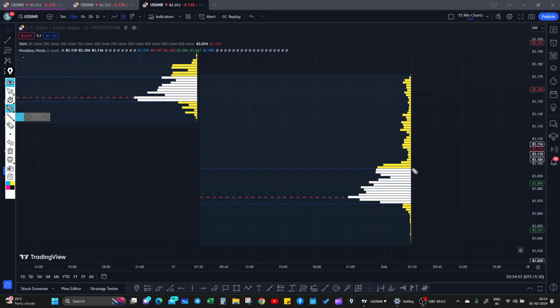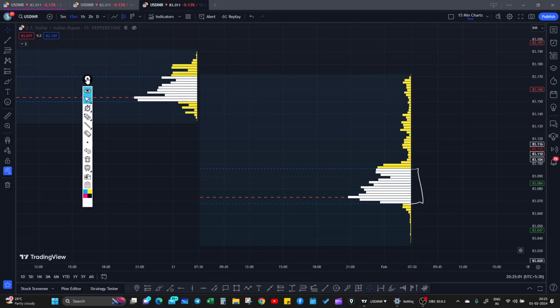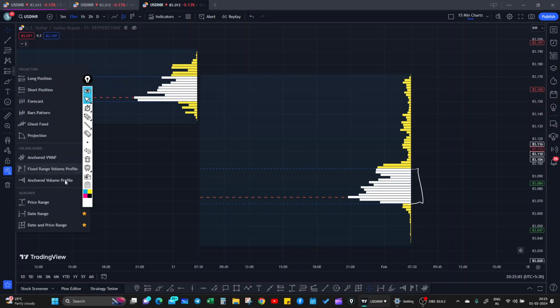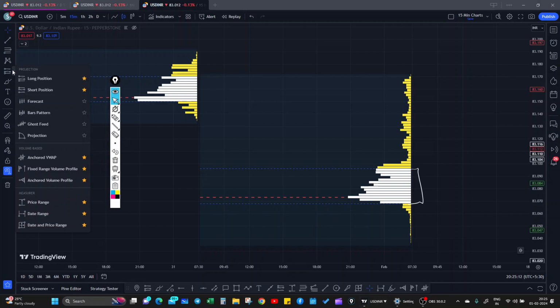So this white area which I have taken, let's understand how to take this from the indicator. Basically, there is an indicator under the projection type.